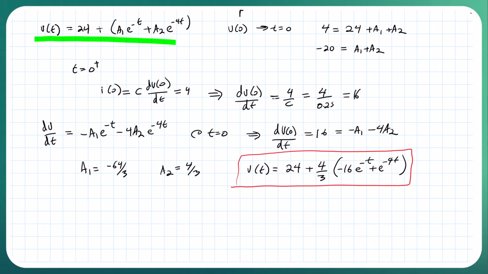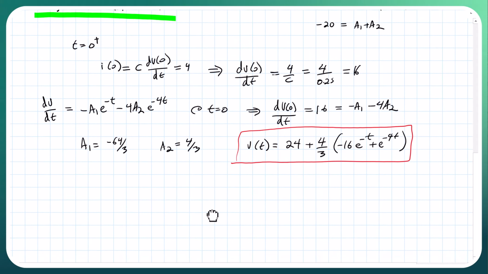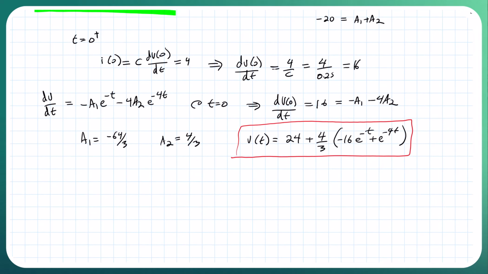Again, since our inductor and capacitor are in series for t greater than 0, the inductor current is going to be the same as the capacitor current, so I(t) is going to equal C dV/dt. Okay, and then we can rearrange this.